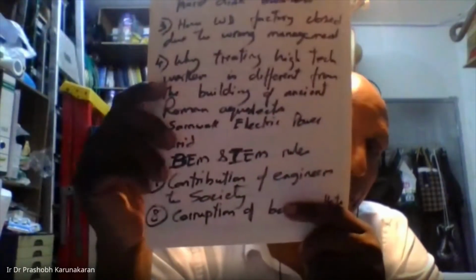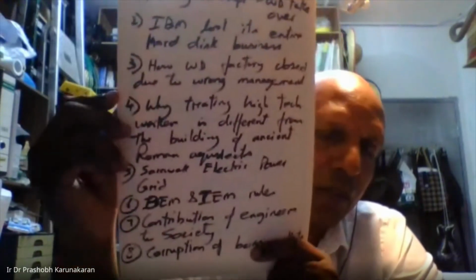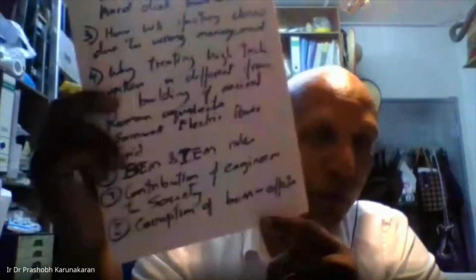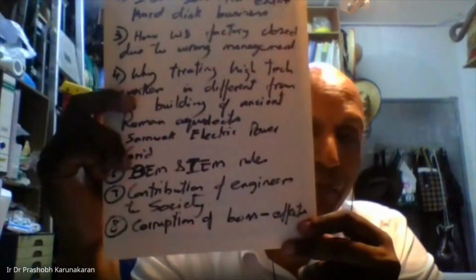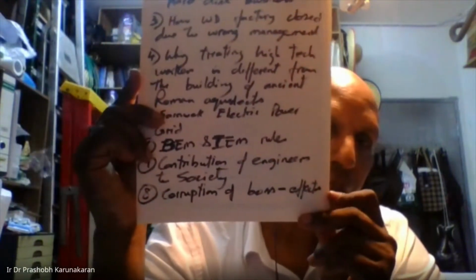so these will be your exam topics, huh? Contribution of engineers to society is a very big one. Of course, the biggest question will be your Cisco grid system. And corruption of boss, this one is also quite a high marks question.